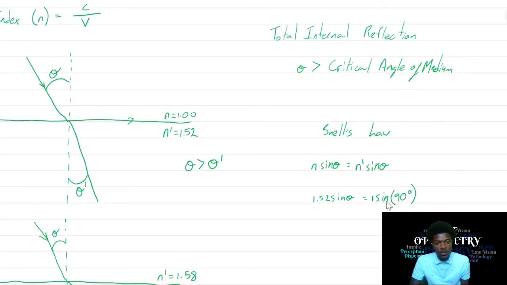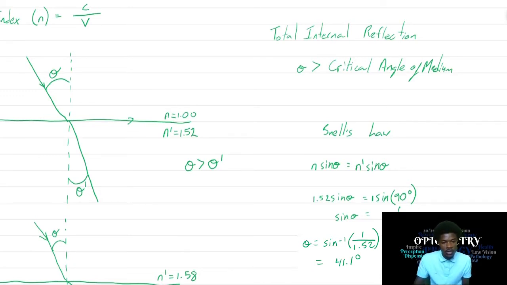And those of you who know, sine of 90 degrees is 1, and we have multiplied by 1 here, so this whole side would be 1. And then we're going to transfer this to the other side, so we're going to have sine theta equals 1 over 1.52. In order to find theta, we do sine inverse of 1 over 1.52, and this will give us an angle of 41.1 degrees. And this is the critical angle of crown glass.